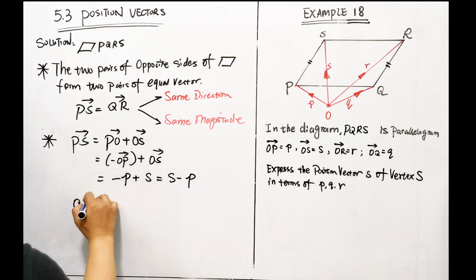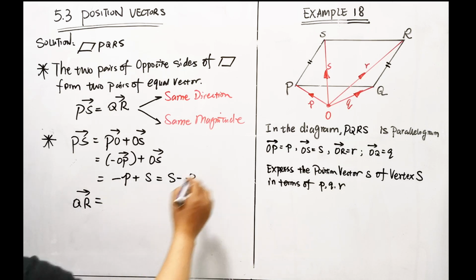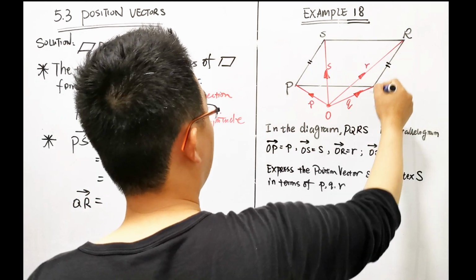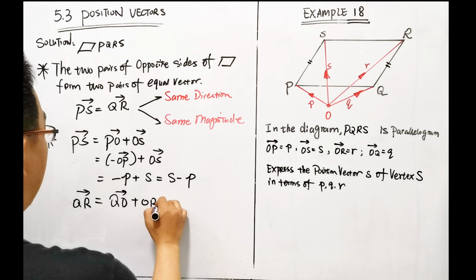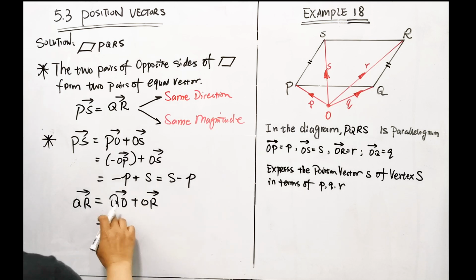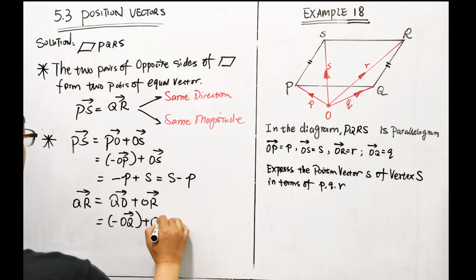Similarly for QR. What's QR? Use the triangle law. QR is QO plus OR, right? What's QO? QO is the opposite of OQ, plus OR.